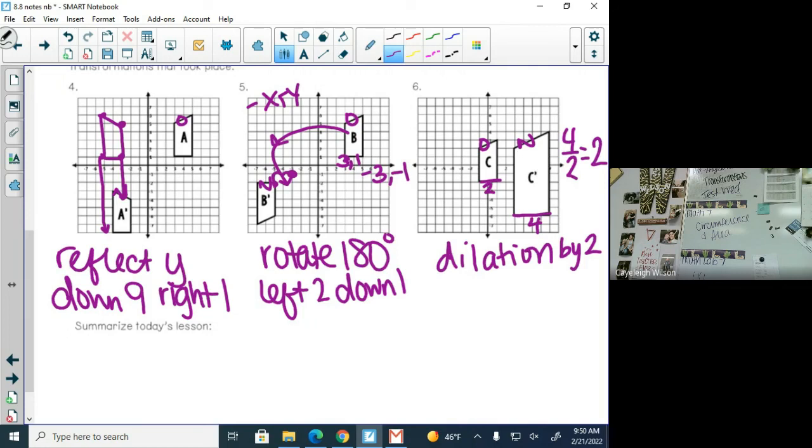So it got bigger. So if this shape got bigger, like up here, this point right here is at -2, 2. So that would have made it be at -4, 4. And then it moved. 1, 2, 3, 4, 5, 6, 7. So it looks like a right 7. And then down 1, 2.